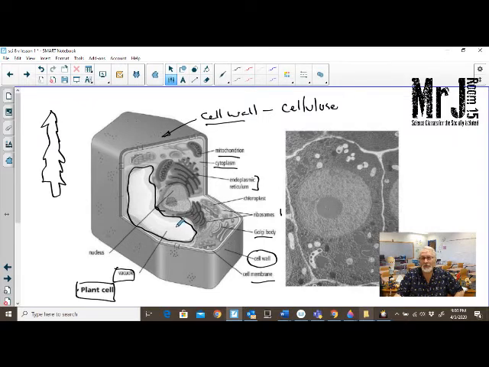There's not much room for other stuff that's left there. Here we have the nucleus, the nucleolus. We have all of the organelles that we talked about, but we also have a new organelle, and that's a chloroplast. And the chloroplast, well, first of all, it's green. We'll see a picture of that. And it's where photosynthesis takes place.